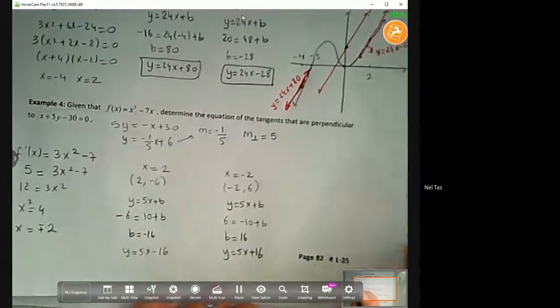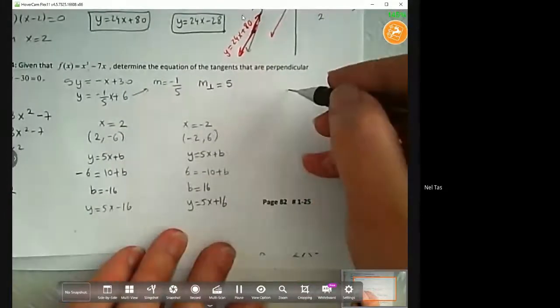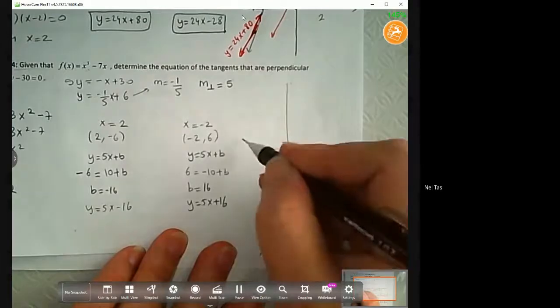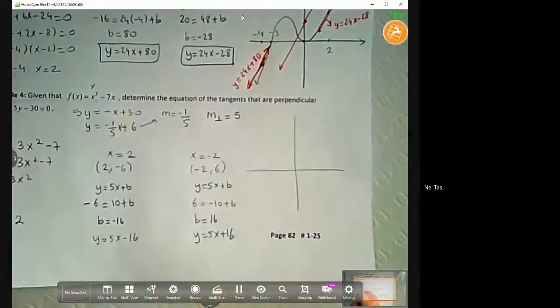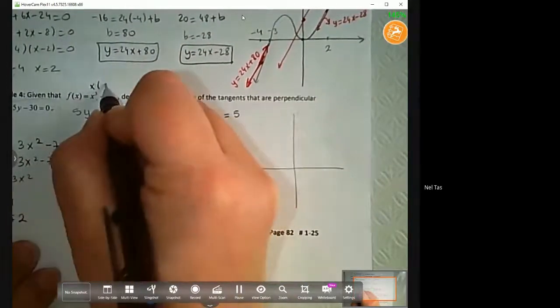If we were to sketch this one, x is a common factor, so you get x squared minus 7.